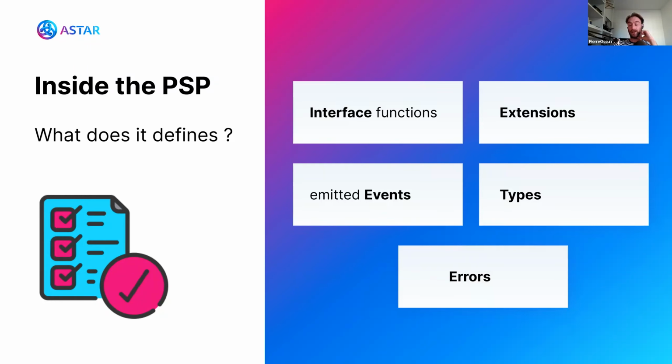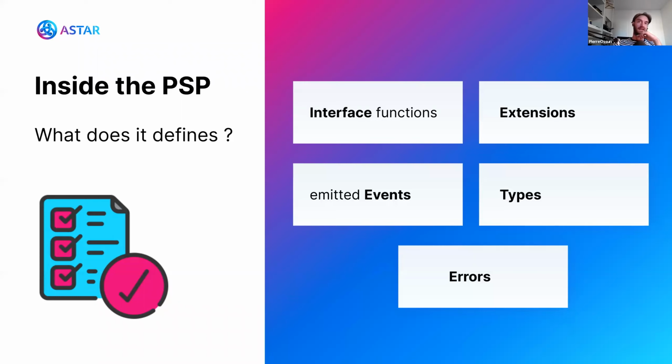That's what we call a selector. Also, they can have optional extensions, and it's also part of the standard, because many teams will use them. So it's better if those extensions are also part of the standard.